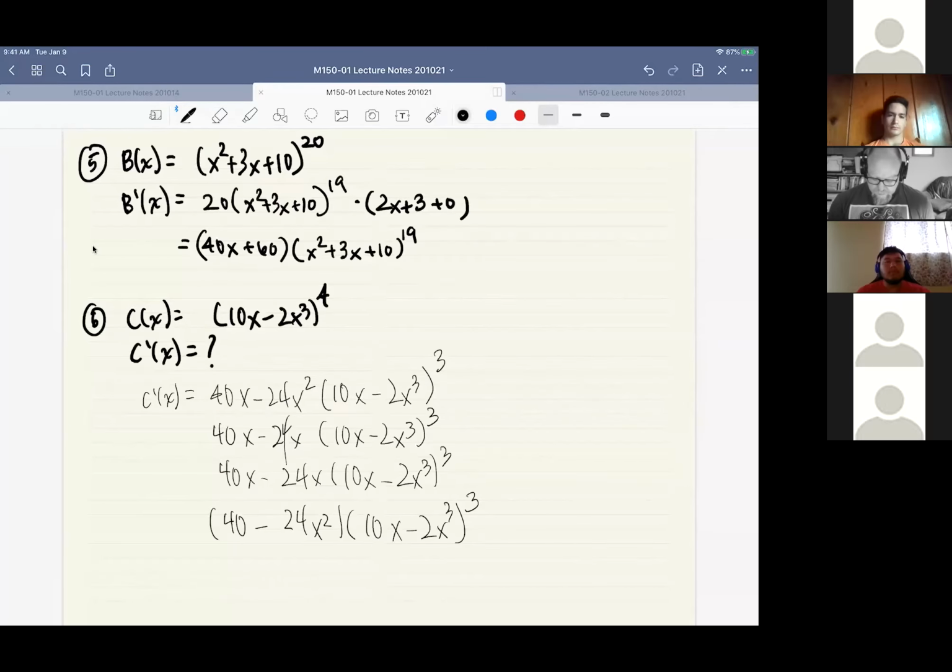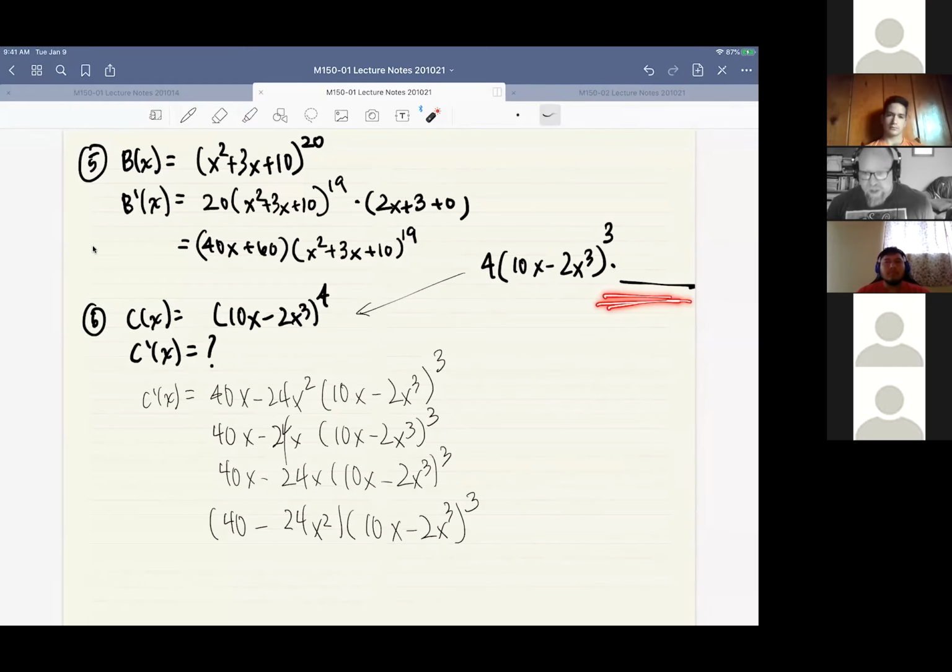Okay, so let me show you how I would do this. When I apply the chain rule, I take that 4 down and reduce the exponent by 1, and I get that.